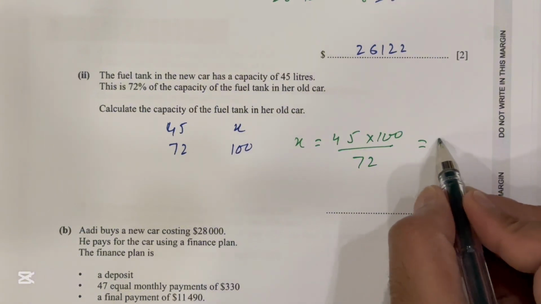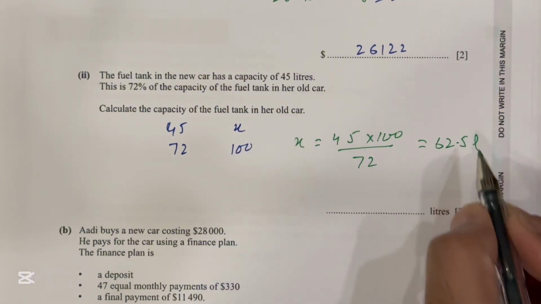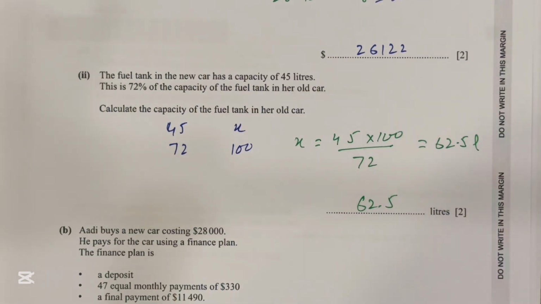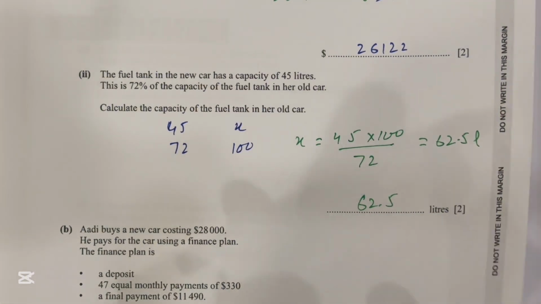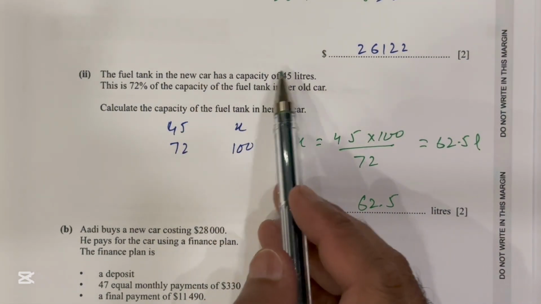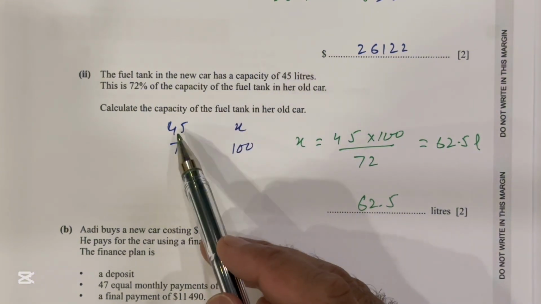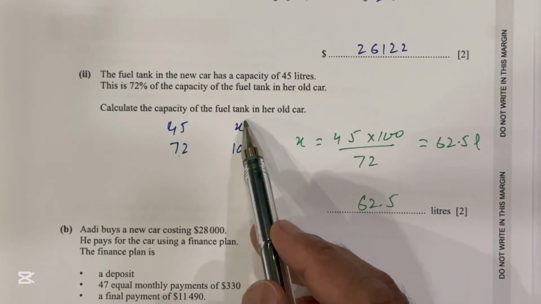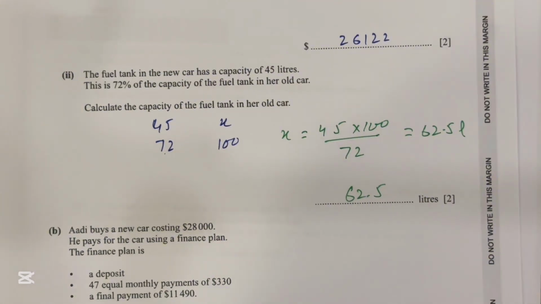After solving it with the calculator, you get the answer 62.5 liters. So we have 45 liters for the new car, which is 72% of the old car, which is 100%. Then the old car capacity is X. You are going to solve it.